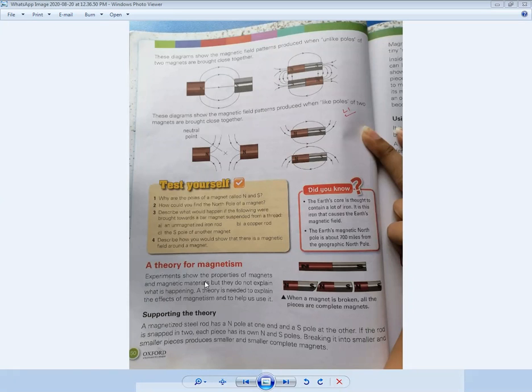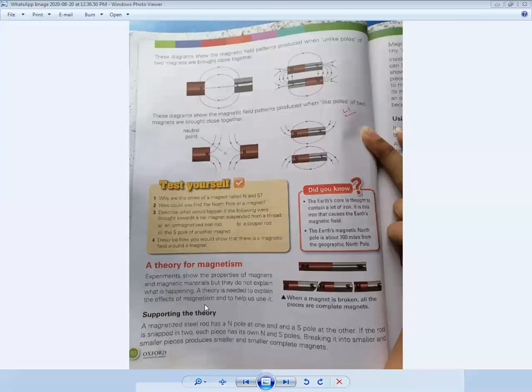Experiments show the properties of magnets and magnetic material, but they do not explain what is happening. When we do different experiments to find the magnetic force between magnets, they can show us the magnetic material and the magnetism among them, but they never explain how this process is happening inside the magnet.